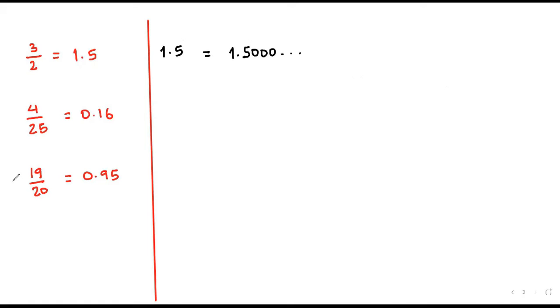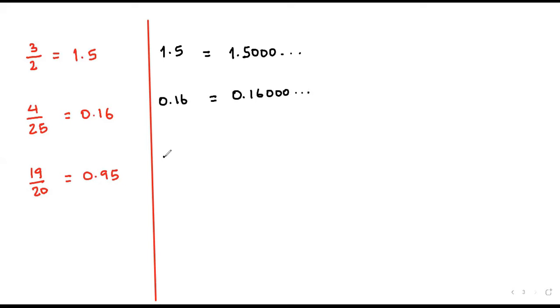Or you don't know? Yes. Okay. If you have 0.16, it is the same as 0.16000 and many zeros without ending.